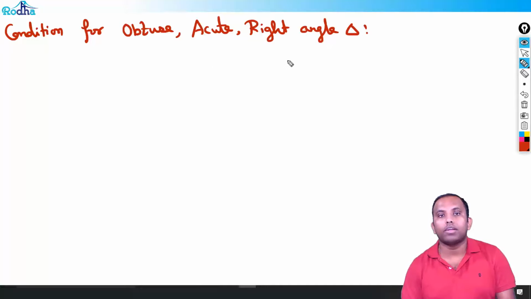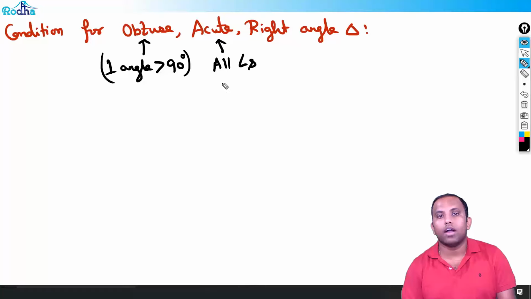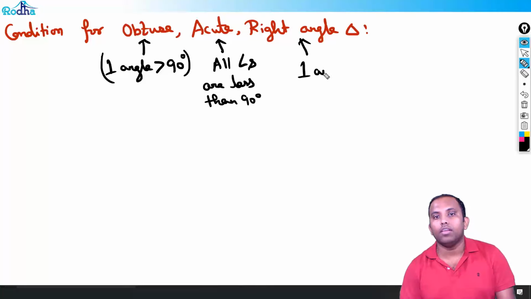Now, what is an obtuse angle triangle? It is a triangle in which one angle is greater than 90 degrees. What is an acute angle triangle? All angles are less than 90 degrees. What is a right angle triangle? One angle is equal to 90 degrees.